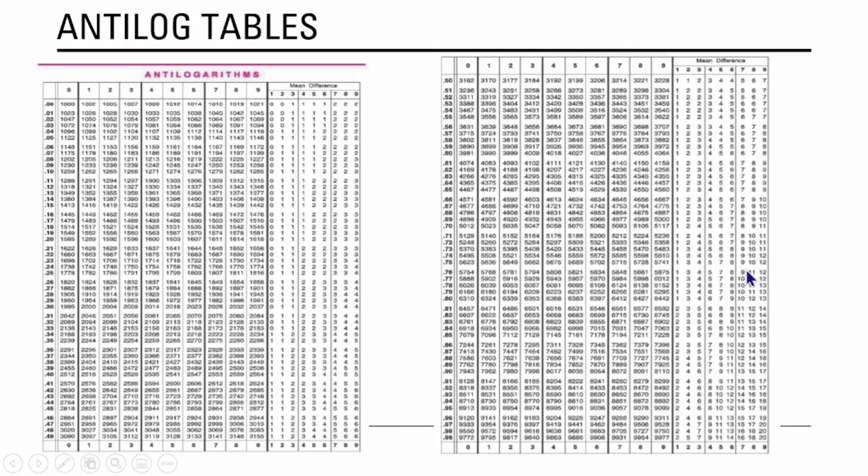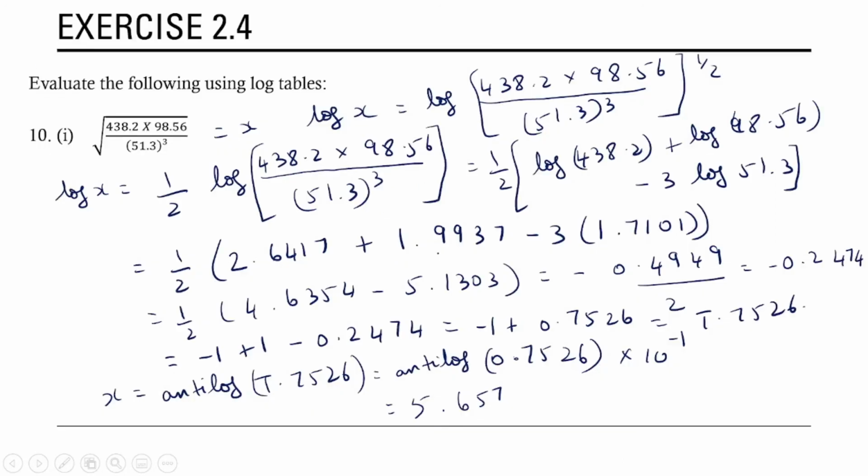So 5649 plus 8 is 5657. So antilog of 0.7526 is 5.657 into 10 raised to minus 1. So this is equal to 0.5657.